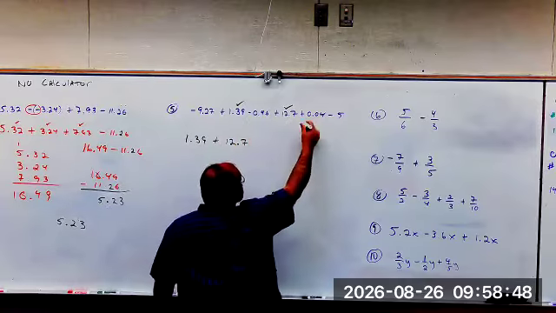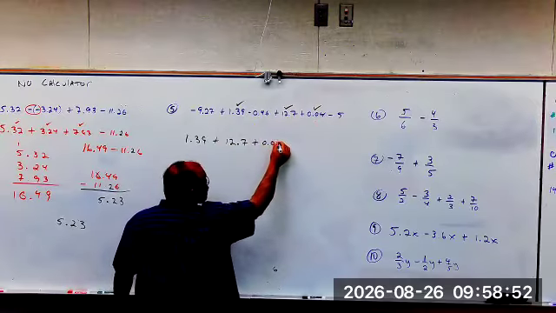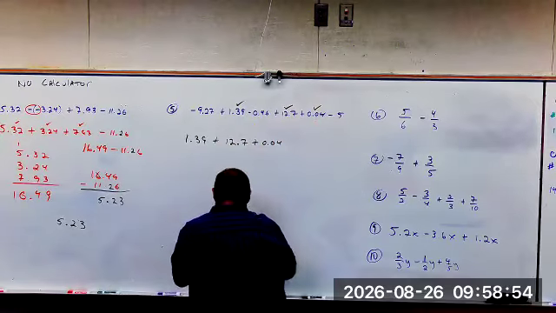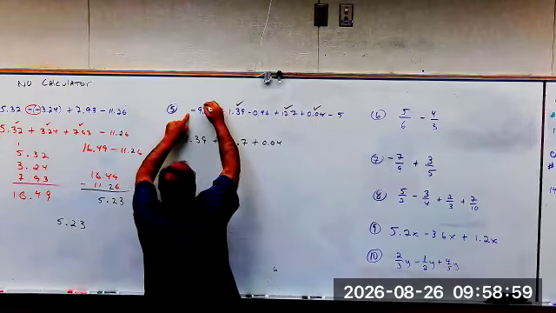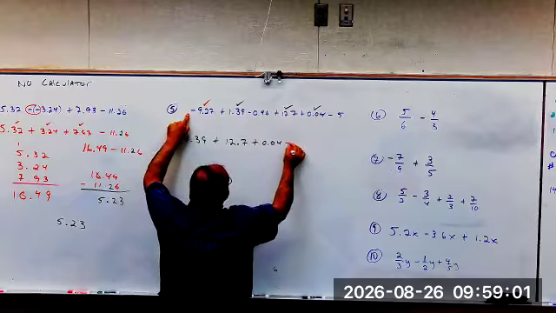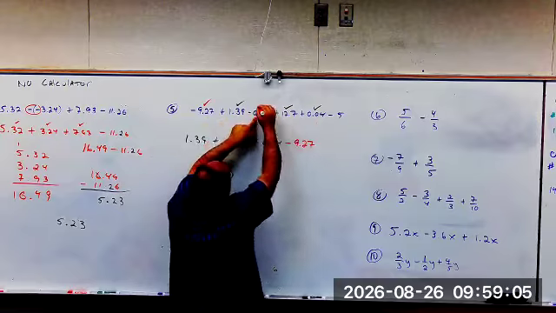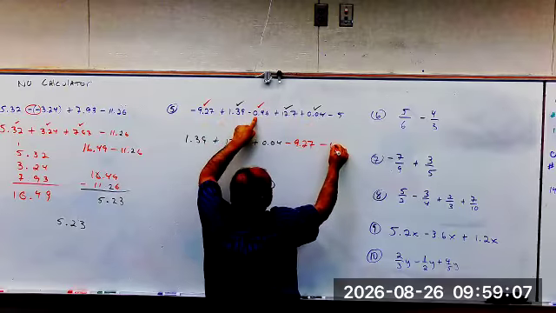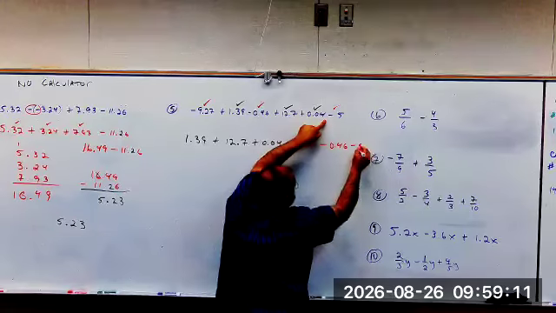The next positive is this one, 0.04. And then the rest of them are minus 9.27, and then minus 0.46, and then minus 5.